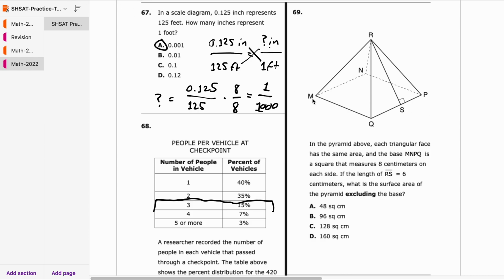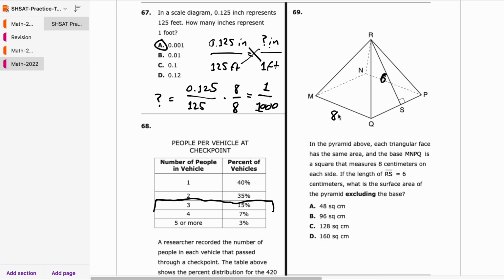So what we found out is that this square base has a side length of 8, and then each of the triangles has a height. This height is 6, right? And we want to know the surface area of the pyramid excluding the base. So this basically means the area of the 4 triangles.